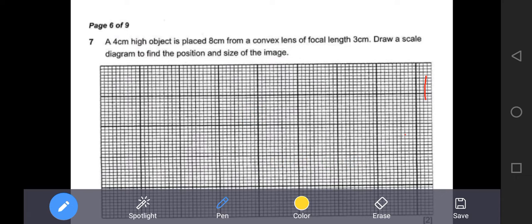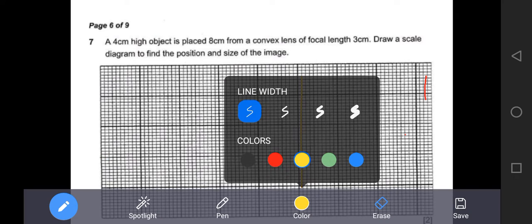Let me use a yellow ink. This, for instance, is the convex lens.